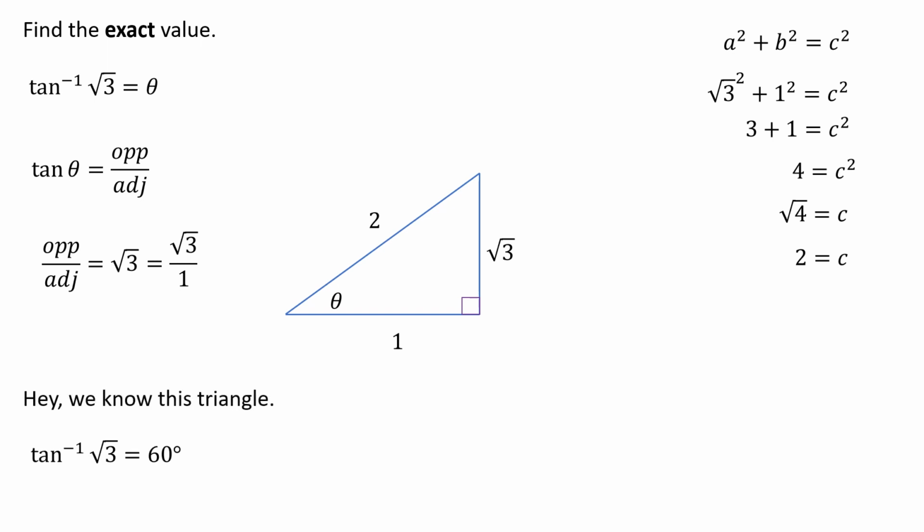We know this triangle, right? This triangle is a 30-60-90 triangle, and we know that root 3 is across from the 60-degree angle. So that is how we can find the inverse tangent of root 3.